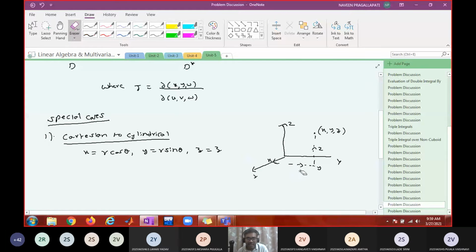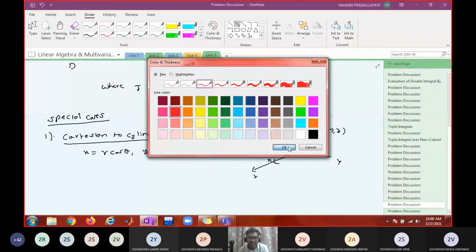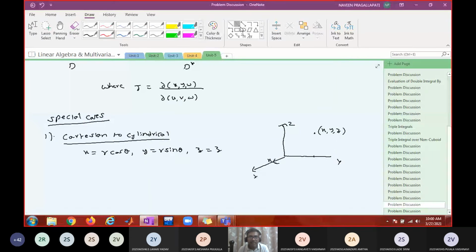Whereas in the cylindrical coordinate system, what are the parameters you have? x equals r cos theta, y equals r sin theta. So that means you take a radius vector of r units and rotate through an angle of theta. Then you will reach this point. What is this point?